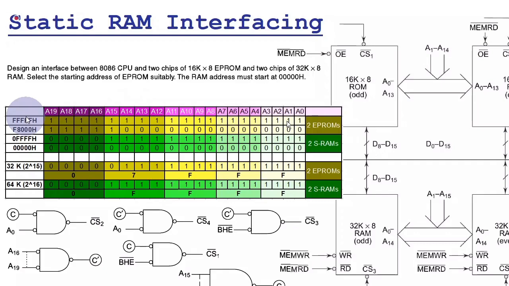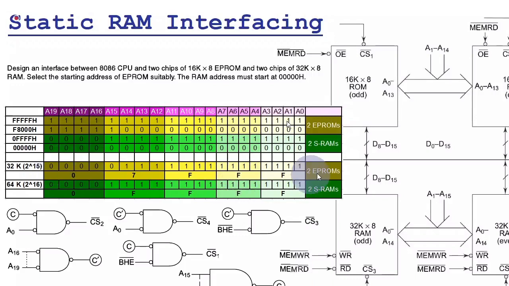So let us calculate the address from where the ROM chips will begin. We already know that 15 bits, that is A0 to A14, will be consumed in that. So for a set of two EPROMs, I have written 15 ones here. From A0 to A14, you can notice I have written all ones and the rest are all 0.